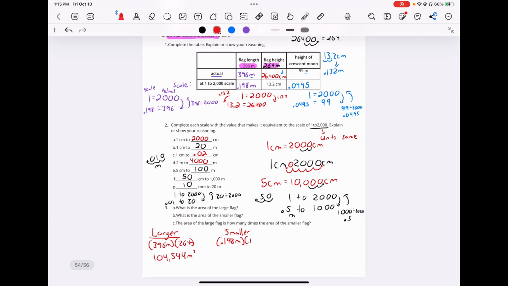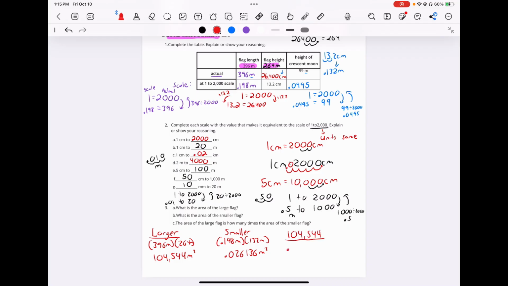And we'll multiply that by 0.132 meters. So 0.198 times 0.132 is 0.026136 meters squared.